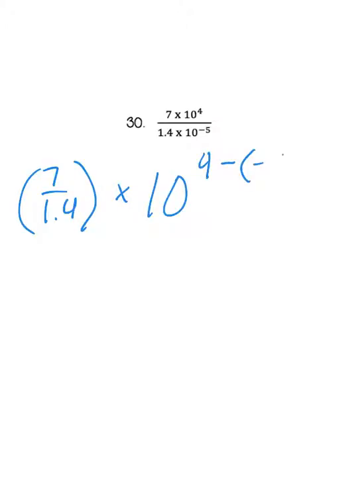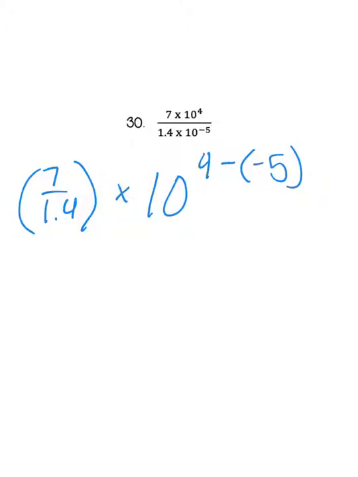For problem 30, we're doing the same process that we did for 29, but now we are dividing our numbers first. So we have 7 divided by 1.4 times 10 to the 4th minus a negative 5, because we're dividing. So when we have exponents and we divide, we subtract.